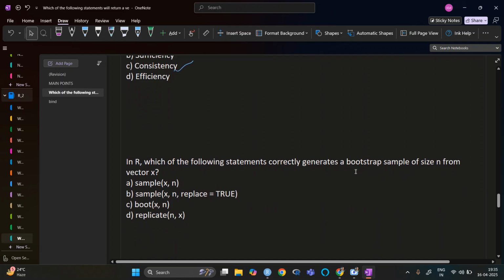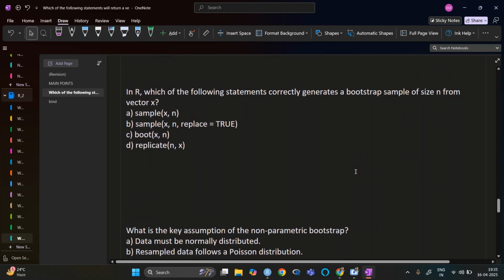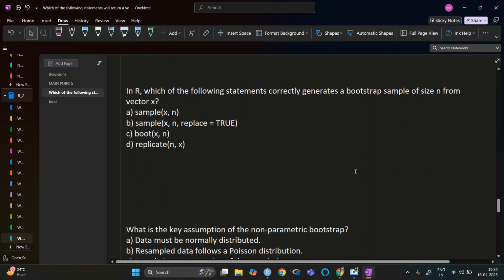Okay. Anyways. So the next question is, in R, which statement correctly generates a bootstrap sample of size n from vector x? Bootstrap. There was a replicate command, or the BS replicate. I just forgot that.